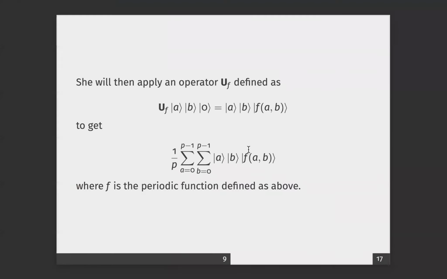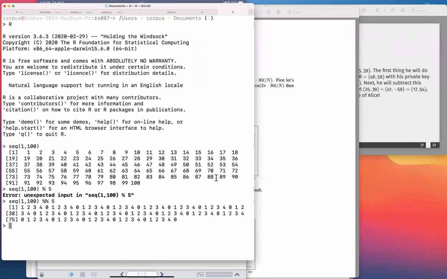When you measure the output register, it will give you a definite answer. So in this example, suppose the answer is 4. Now, what will happen to the input register? The input register will then be in a superposition of all those values whose output is equal to 4.